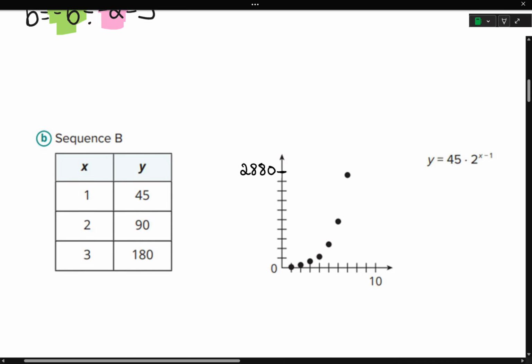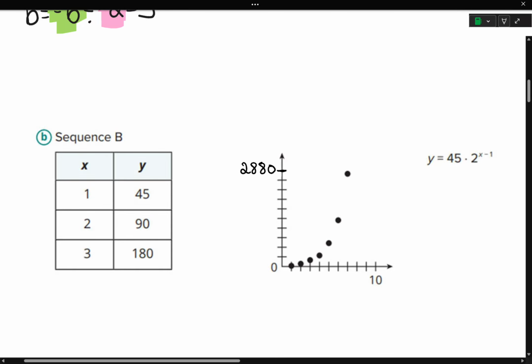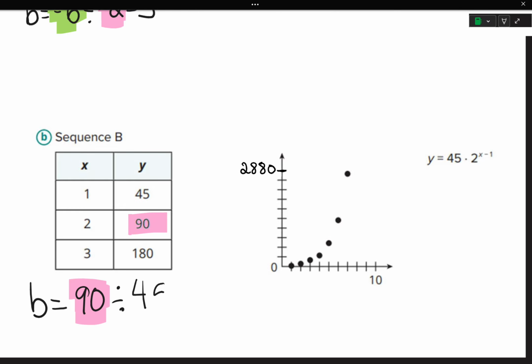So for sequence B, let's find the constant ratio first on the table by doing term 2, 90, divided by term 1, 45. 90 divided by 45 is 2.